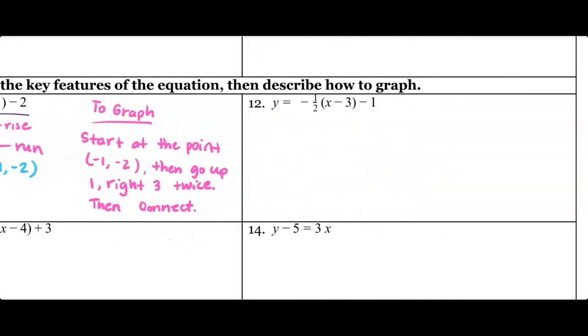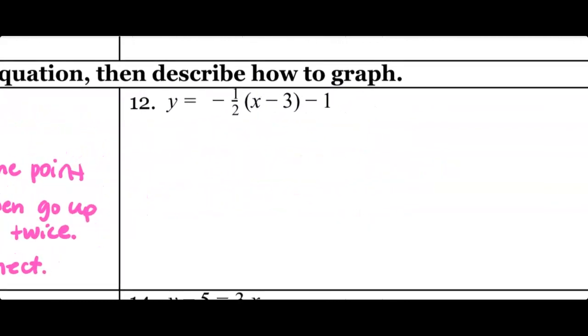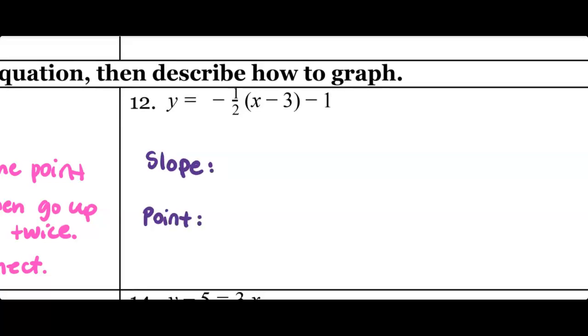So for instance, number 12, our key features are again our slope and a point because that is in point-slope form. So our slope is -1/2 and our point is (3, -1), again using the opposite sign of x.